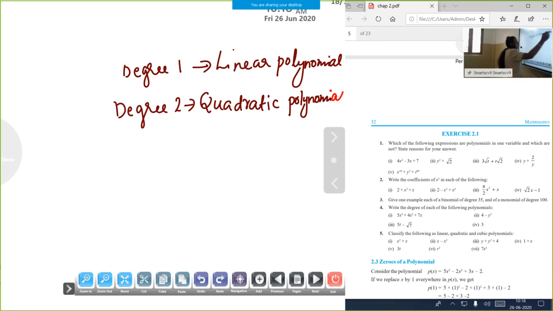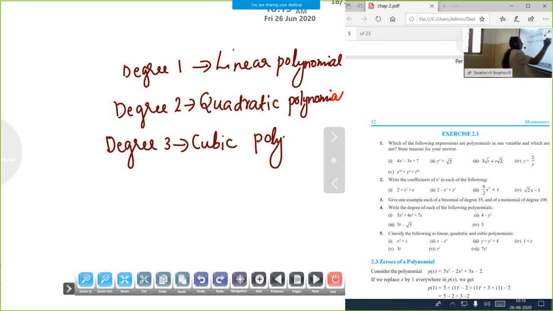And if the degree is 3, we name it as cubic polynomial. Then, generally, we name it as polynomials.